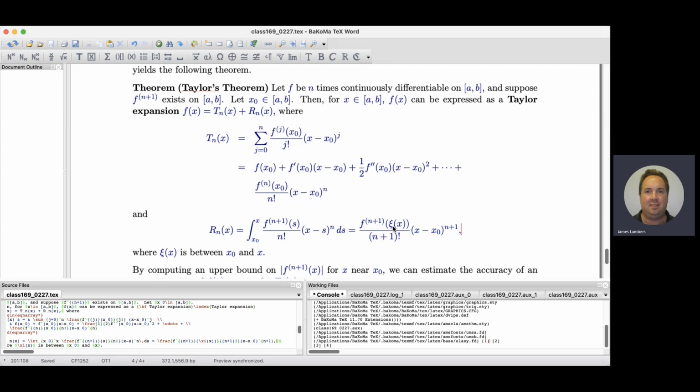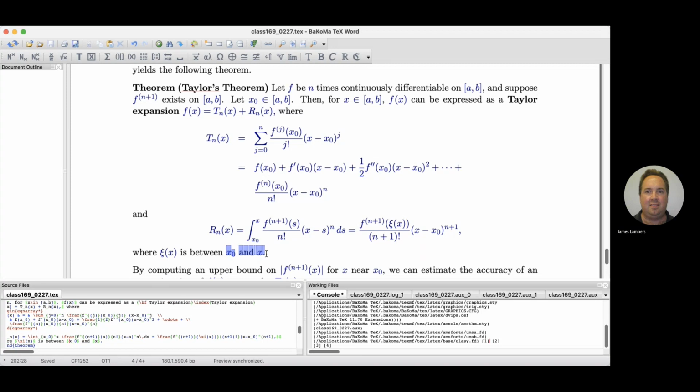Again, the only difference is that instead of evaluating the n plus first derivative at x naught, like we have here, it is evaluated at some unknown point xc. I've written it as xc of x just because the location of this unknown point depends on x. It's some unknown point between x naught and x. And generally, we don't try to find out what that unknown point is.